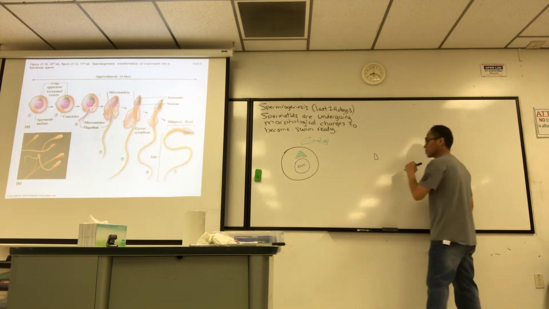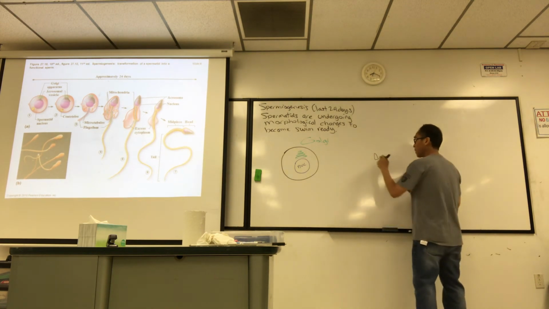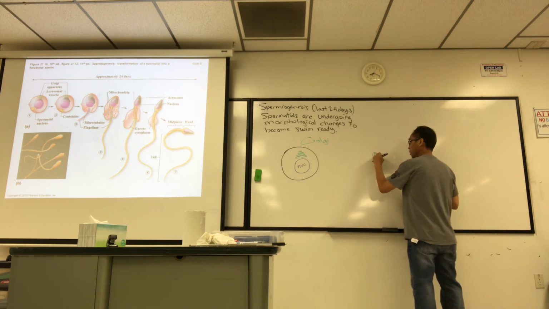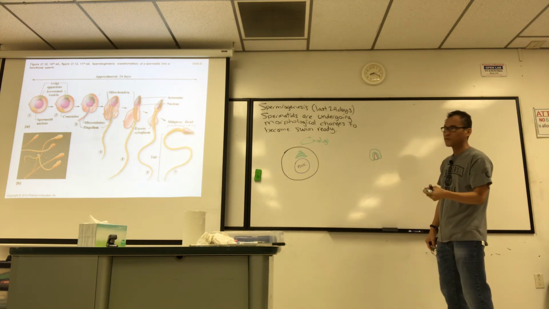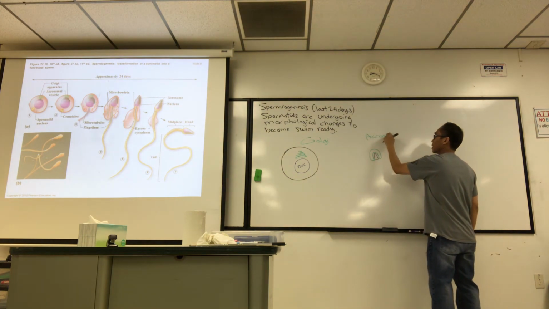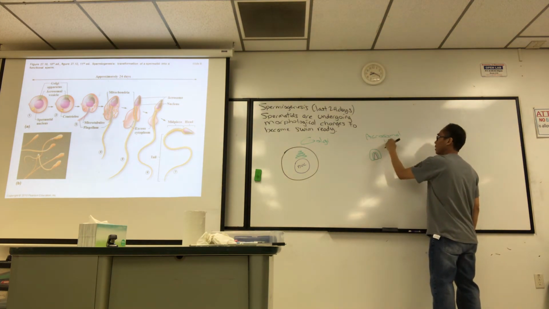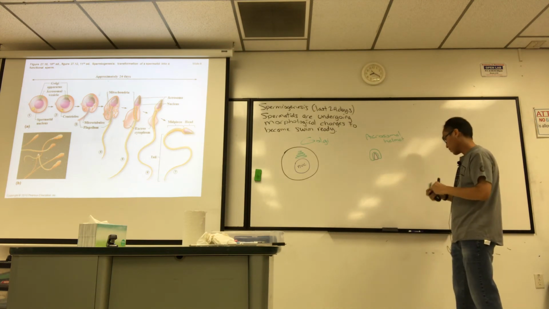Here's a nucleus, little rocket shaped thing. It has a double membrane. We call that the acrosomal cap, or just the acrosome. Acrosomal helmet surrounding the nuke.